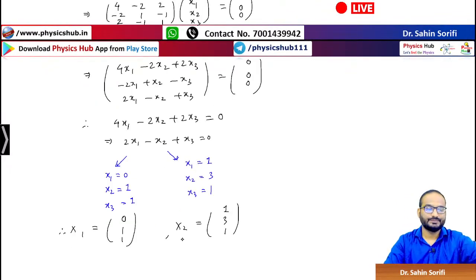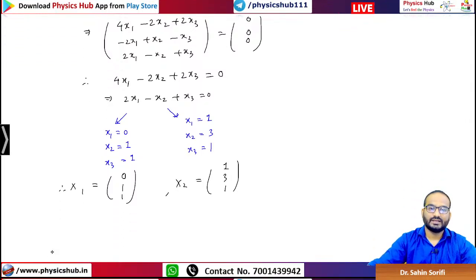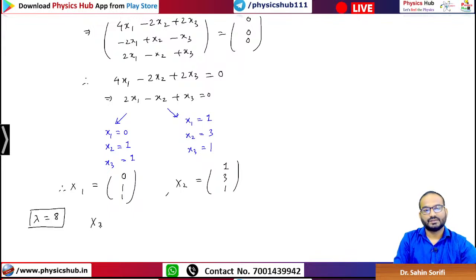Okay. So x1, x2, you have got this one. Now another eigenvalue is remaining, that is lambda equals 8. For lambda equals 8, you will get x3 as 2, minus 1, 1. You can calculate it by yourself, but you will get it like this.